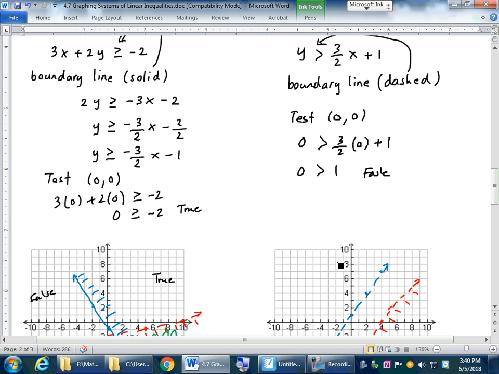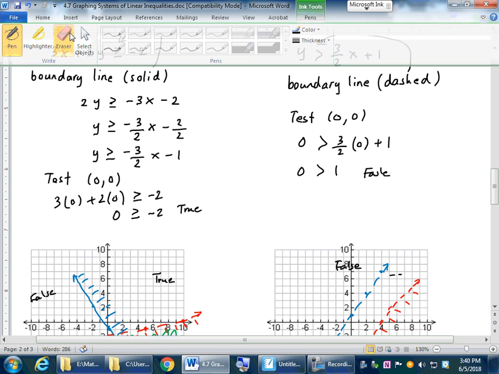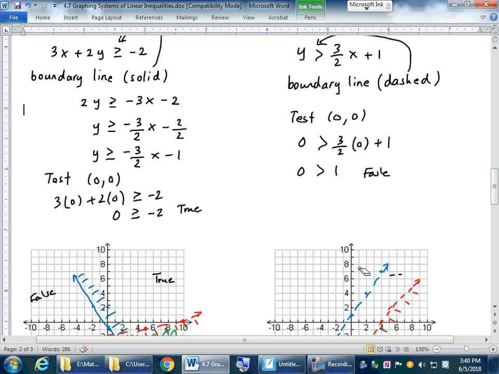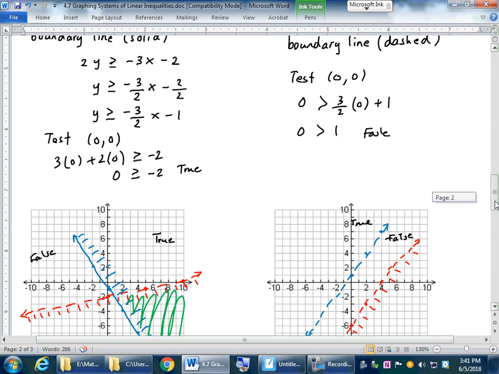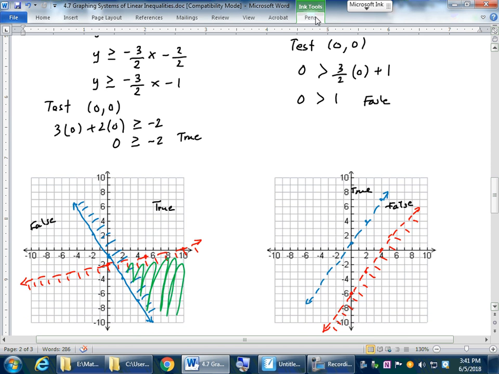So that tells us this side is false and this side must be, oh wait, my bad, the other way around, right? I wrote it in the wrong place. So this side is false and this side must be true. So we shade it on the true side, that is right here.